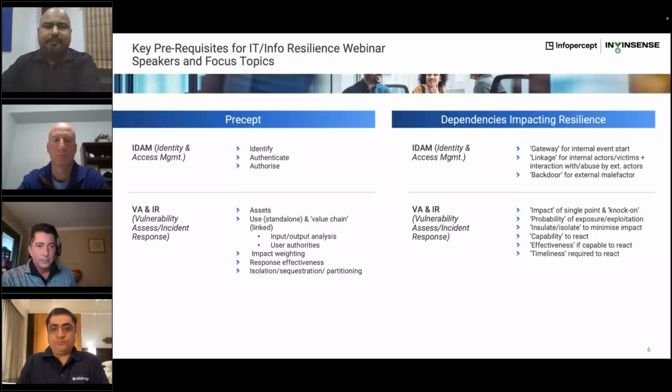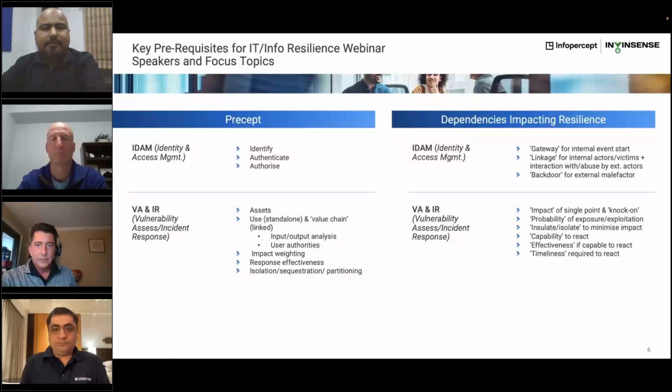Obviously, that's quite important if you look at the right-hand side, because if you don't have appropriate IDAM capabilities, systems, controls, procedures, ineffective IDAM can provide a gateway for the commencement of events by internal actors.